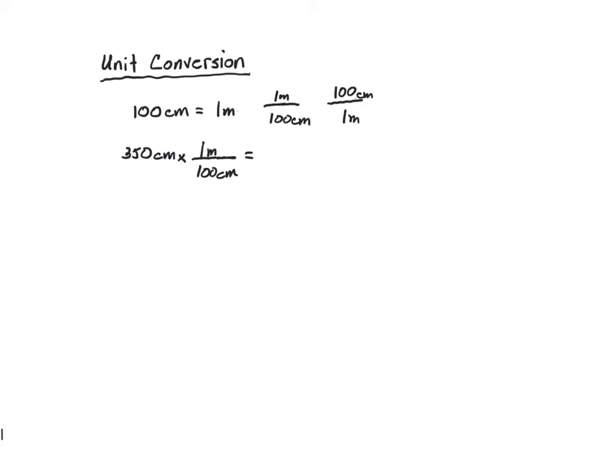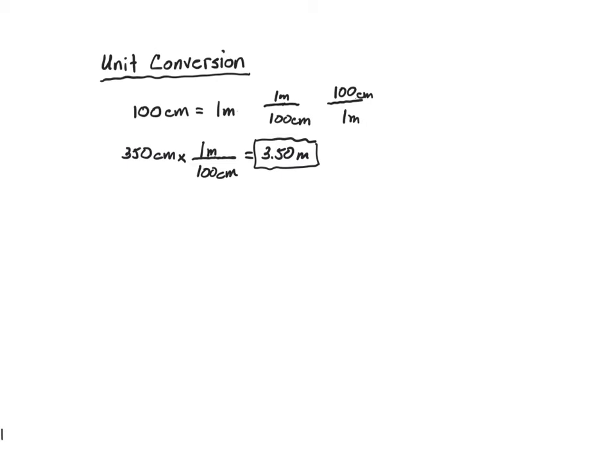Okay, so now when we look at this, we're going to be dividing 350 by 100. Okay, and this gives us 3.50 meters, and that's our answer. And likewise, we could do the conversion in the other direction.